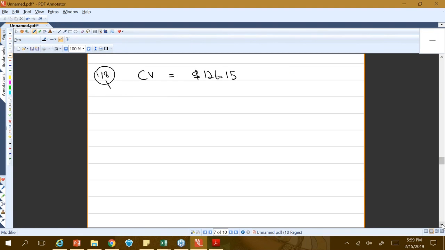What we are going to do here is discount the future cash flows of the convertible debt at the KD. So year, cash flows, discount factor. The discount factor in this question was 9%, remember? And then the present value.